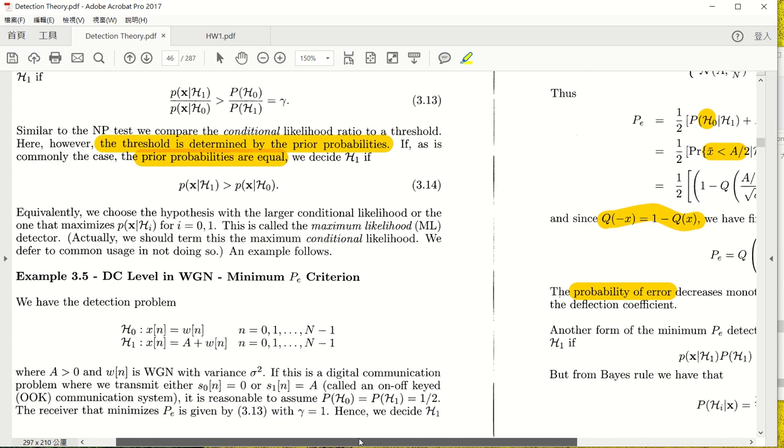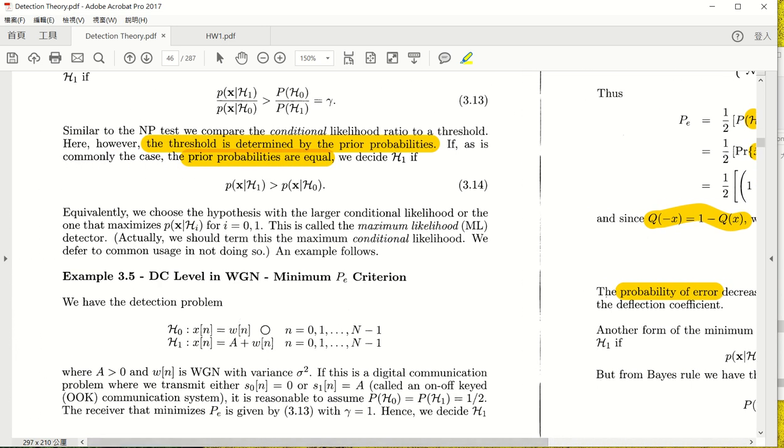So let's come back and see if it's reasonable in our problem. It's in fact reasonable. You have a noise, you have a signal, and now if the signal is large compared to 0, it's good, right? You get better performance. That's reasonable.